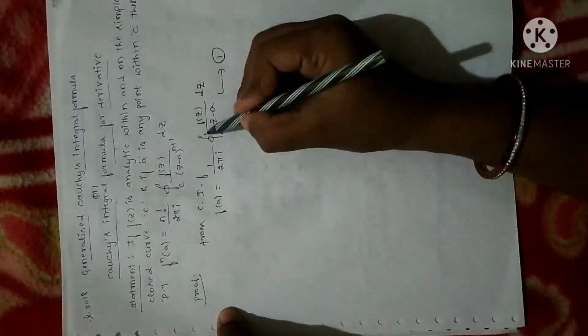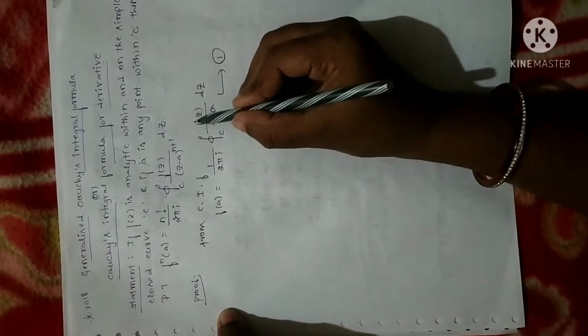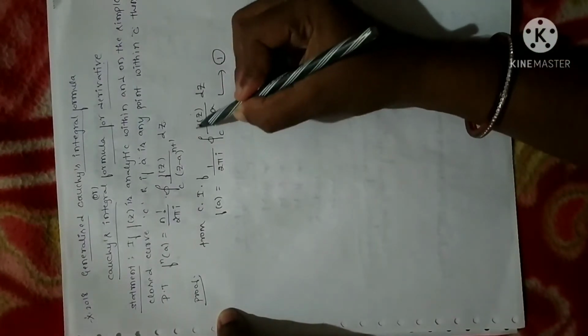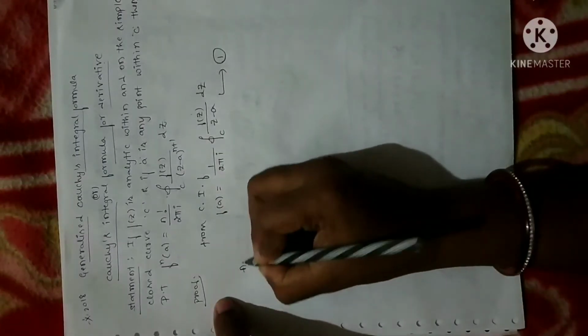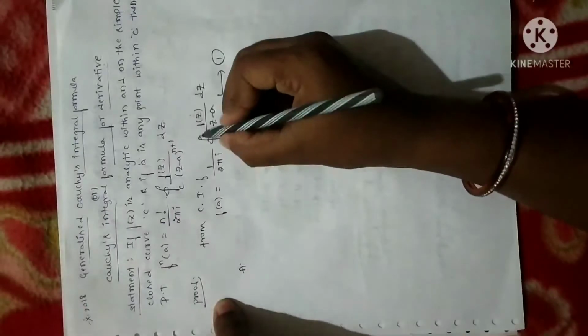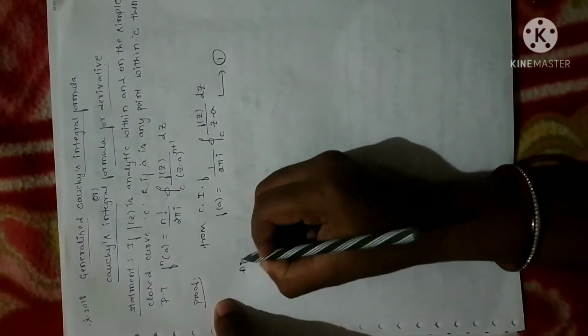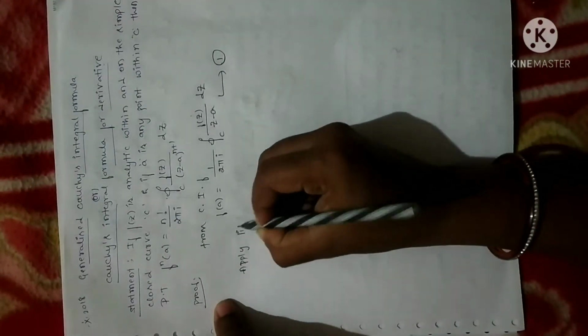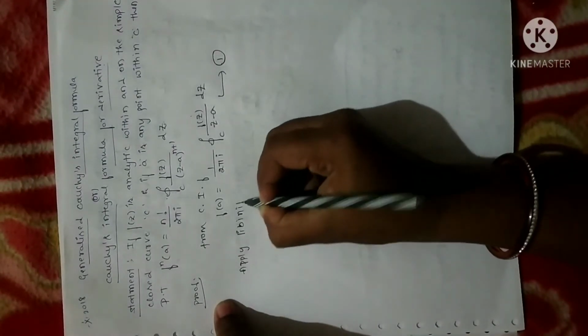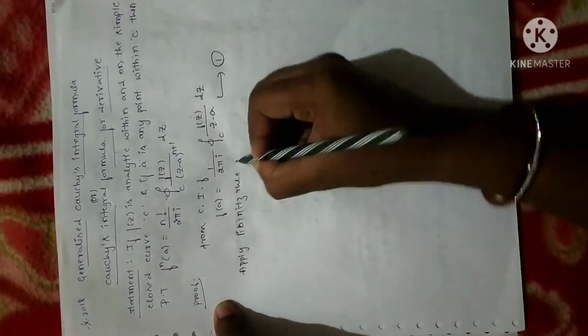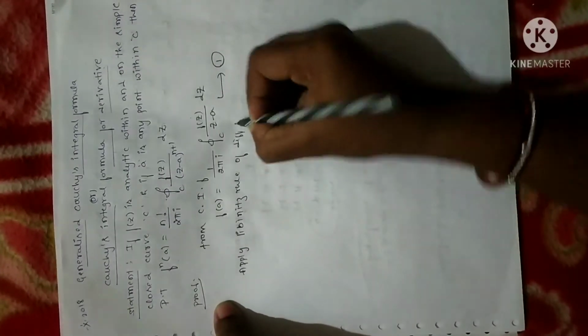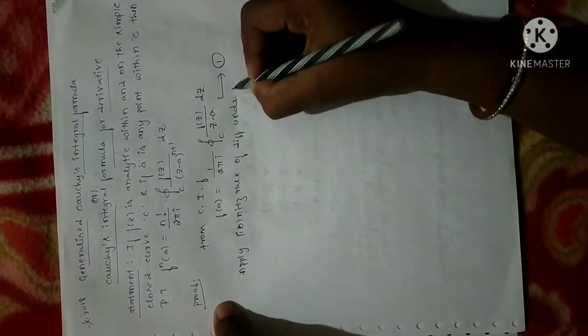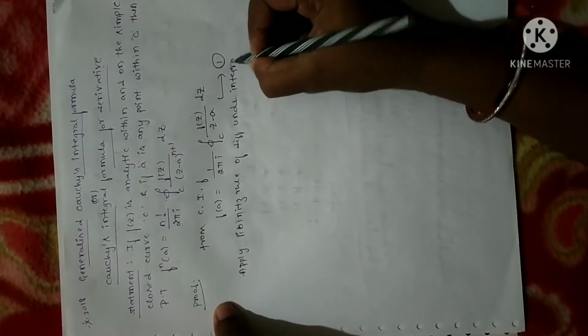Hope you remember that if you want to differentiate the term we have under the integral sign, we have to apply Leibniz rule, right? So let me apply it, why? Because we have differentiation here and moreover the integral sign. So let me apply Leibniz rule of differentiation under integral sign.